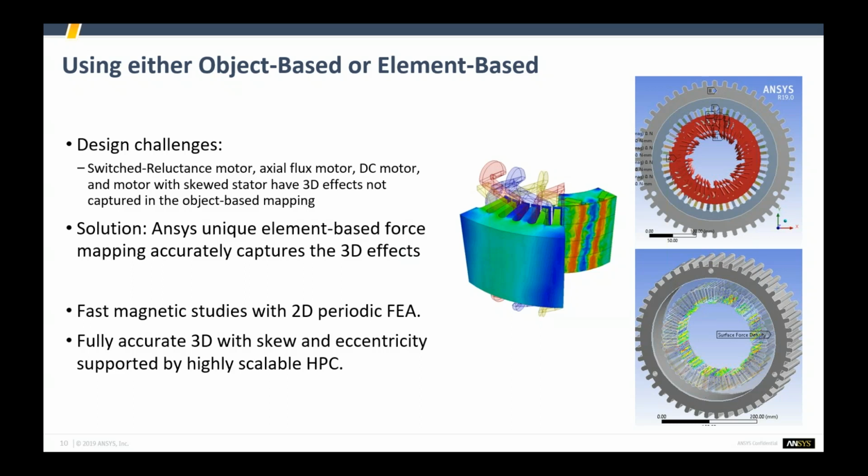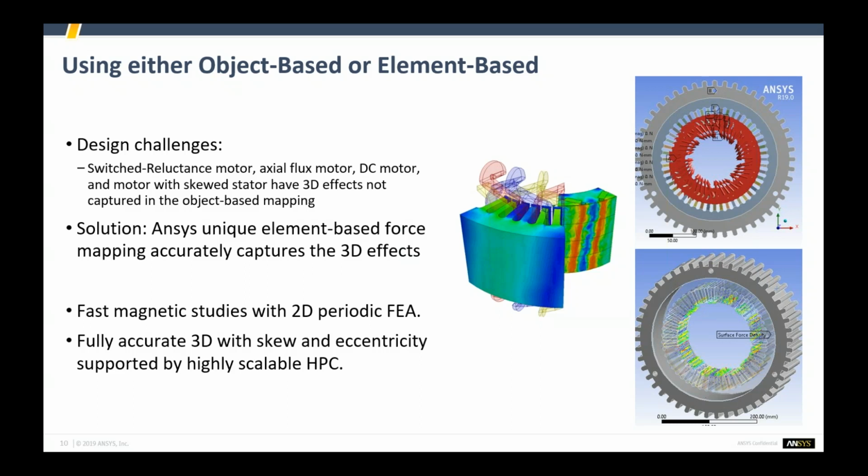So this is ideal for different types of electric machines with 3D effects. As we said, the structural analysis part, step 2, can take either a 2D or 3D Maxwell model, and it can take either the full or a fraction of the pole pair of the Maxwell model. It can take either object-based or element-based mapping as well.